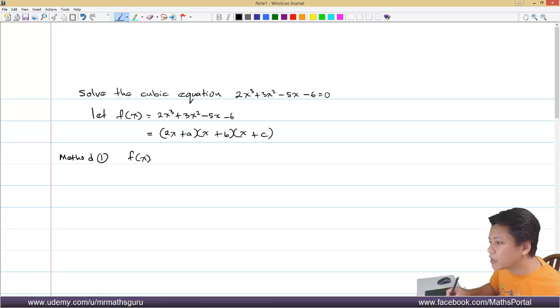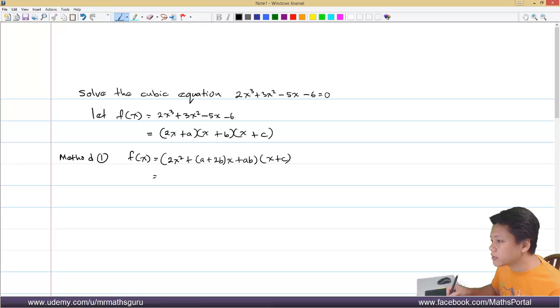So f(x), let's just expand it. Multiply the first 2 expressions first. So 2x squared plus (a plus 2b)x, consolidating the like terms, the coefficient of x, plus ab, and then times x plus c.